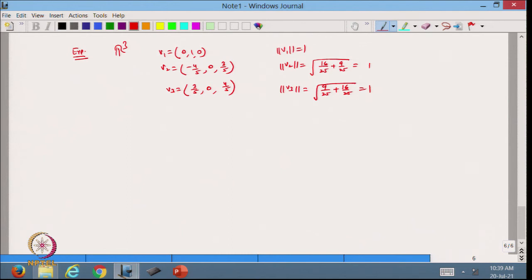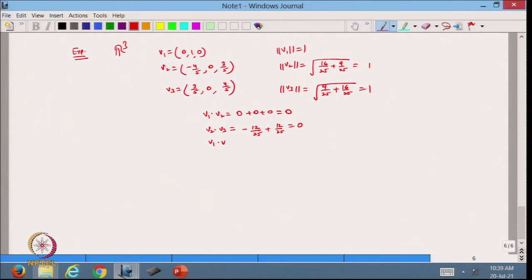It means these are normalized vectors, and also you can see from here that V1 dot product V2 is 0 plus 0 plus 0, that is 0, the component-wise dot product of the first two vectors. Now, V2 dot V3 will give me minus 12/25 plus 0 plus 12/25, and that is 0.